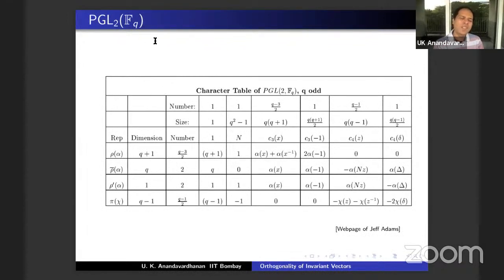So PGL2(Fq). I'm putting a P here, which means you are going modulo the center. The reason being, though the group is GL2(Fq), these dimensions that I am interested in, dimension of V^H and dimension of V^K, are at most one, we know. Now we are interested in whether they are equal to 1 and non-zero. That is precisely when these representations factor through the center.